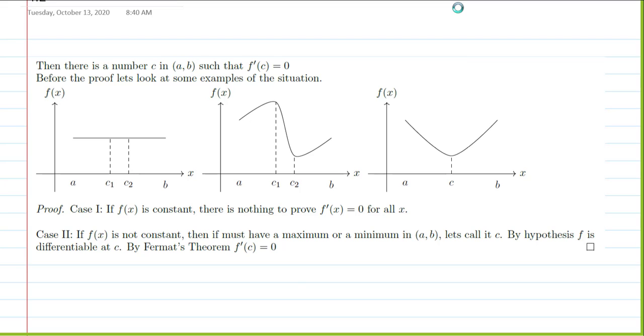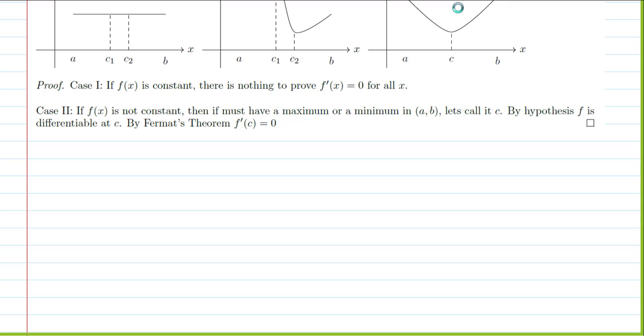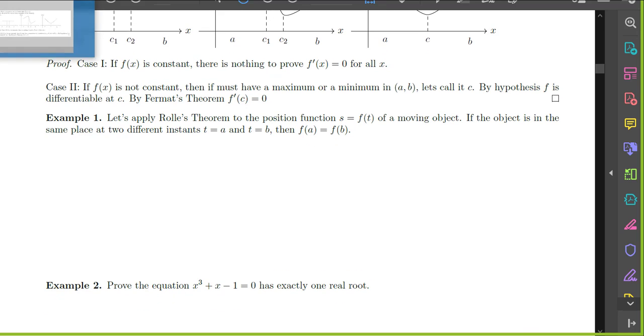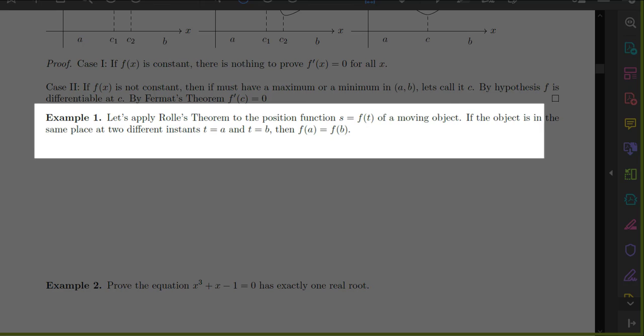So if you look at the one in the middle, there would actually be two in that case, because it went up, came back down, and came back up, and that's okay too. But this is just an existence theorem that says at least one of them exists. Mathematicians love their existence theorems, because we often want to talk about things that we don't explicitly want to or can't find.